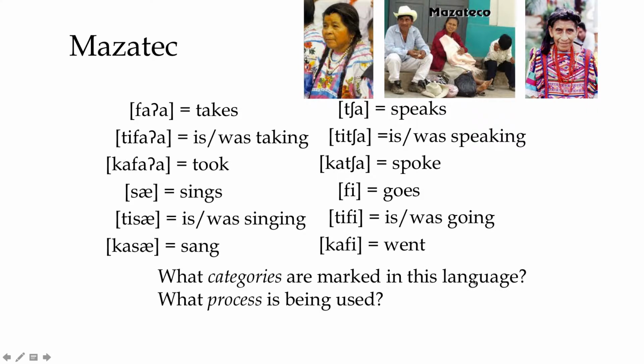So what categories do we see being marked in this language would be one question I would ask. What's important about the world that Mazatec speakers decide to actually mark with a morpheme on their verbs? And what is shared in sound between all of these things? Sings is the shared meaning, so I could say that sa itself means sings. And I can't break this apart any further based on the data that I have.